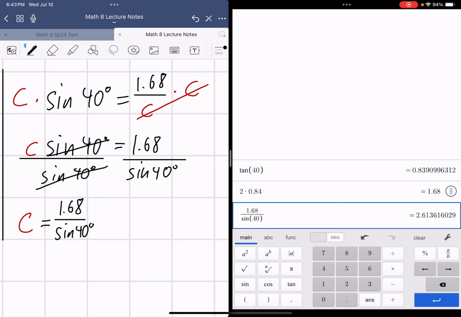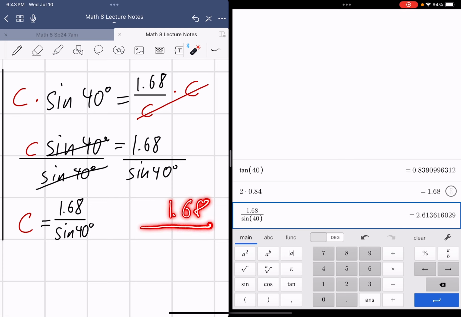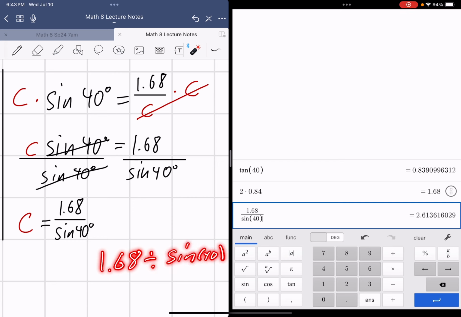Now, luckily the calculator I'm using, if you look here, when I put division, it naturally did this dividing symbol. Now, if I were to divide this way, you have to be careful if you write it in a straight line.